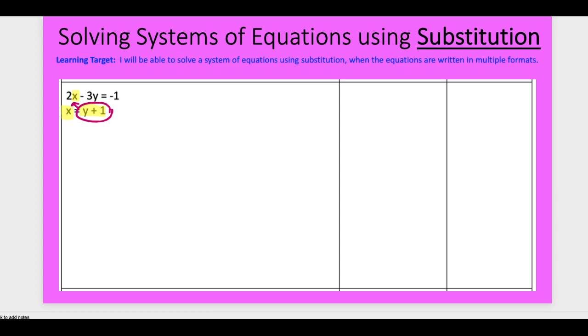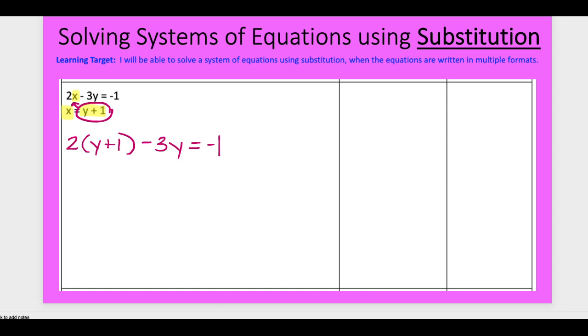So I'm going to rewrite it now, and instead of saying 2 times x, I'm going to write it as 2 times the expression y plus 1. Now it's very important that you put that expression in parentheses because you want to multiply everything by 2, not just one of the terms. Okay, I'm going to keep rewriting that equation. Minus 3y equals negative 1.